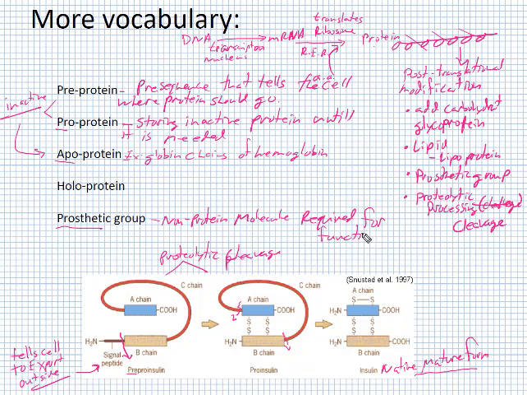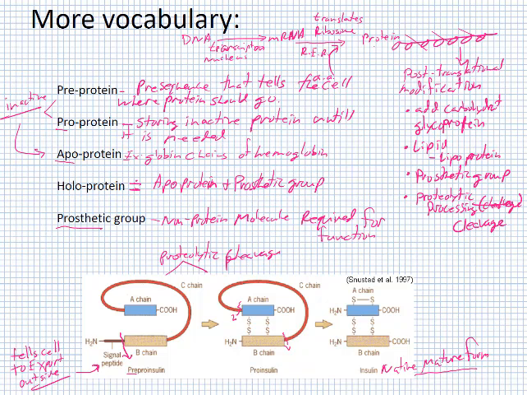Required for function. So what we're going to do is take an apoprotein, add a prosthetic group, and then we get the holoprotein. So the holoprotein is apoprotein plus the prosthetic group.